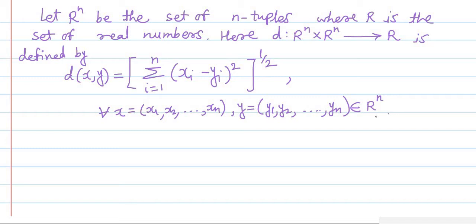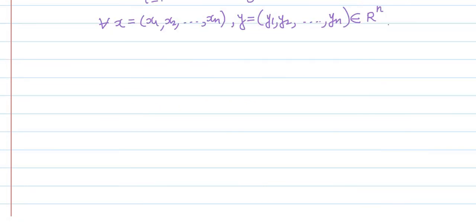So next one, we'll prove the triangle inequality. Now to prove the triangle inequality, we have to consider three members from R raised to n.